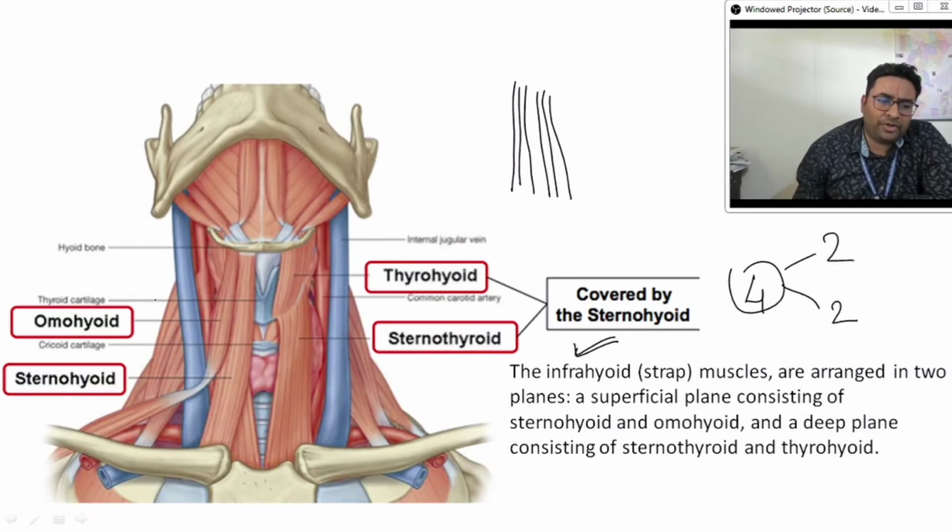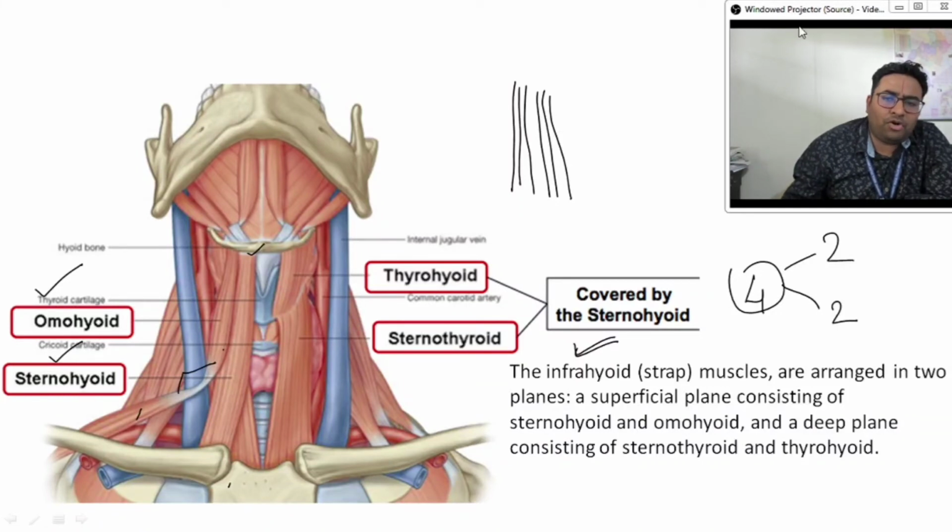The two superficial muscles are omohyoid and sternohyoid. Again, the name includes hyoid. Sternohyoid goes from the sternum to the hyoid bone, and omohyoid, like the digastric muscle, has two bellies, the superior belly and the inferior belly of omohyoid.